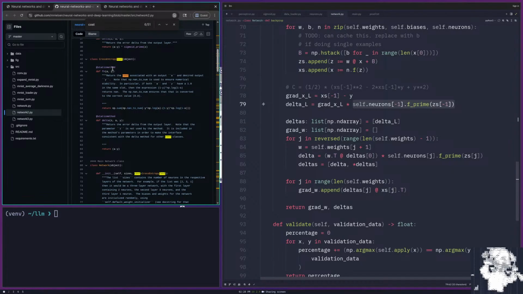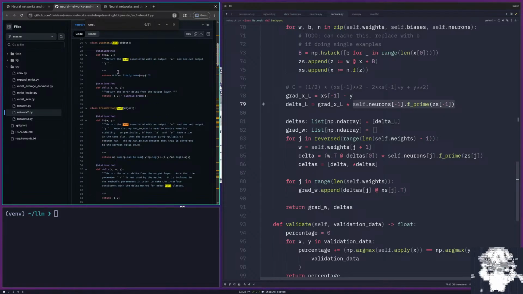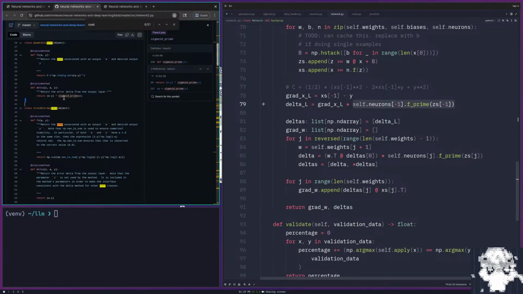Quadratic cost has the regular function, which is this, which you don't actually use, I don't think. And then the delta. Oh, he baked in sigmoid prime to the cost function. That's the thing I didn't understand, is how do you write the cost function in a way where it doesn't care what your layer is?